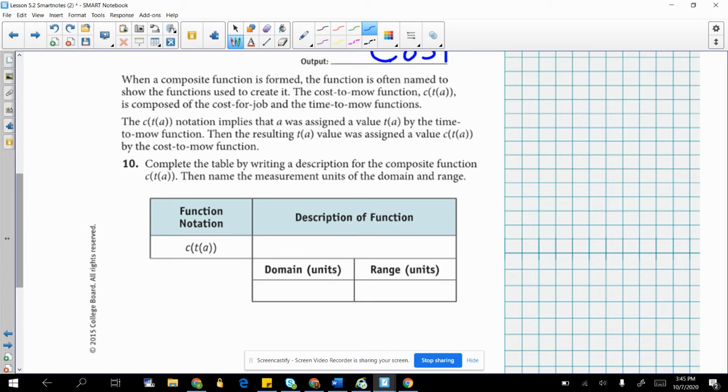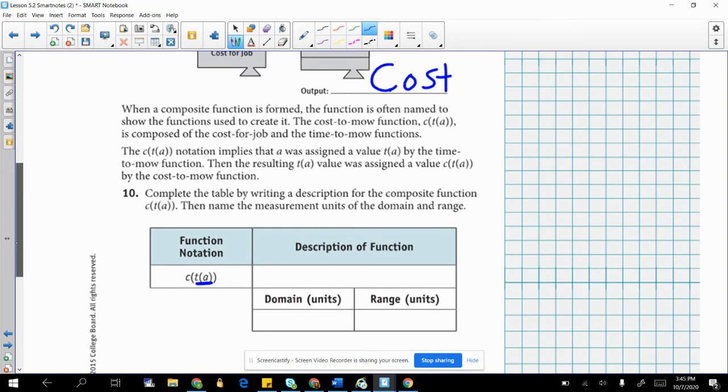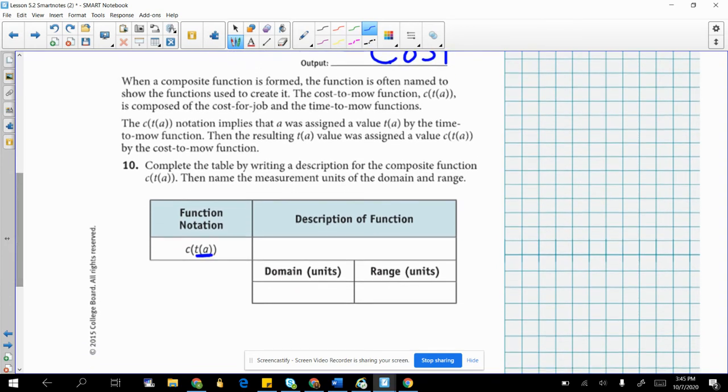So basically, you always want to start on the inside, T of A, which was when we plugged in how many acres, and then you work your way out, so you would plug into C of T. Okay, we're going to work on that, but let's call this new function the cost to mow.